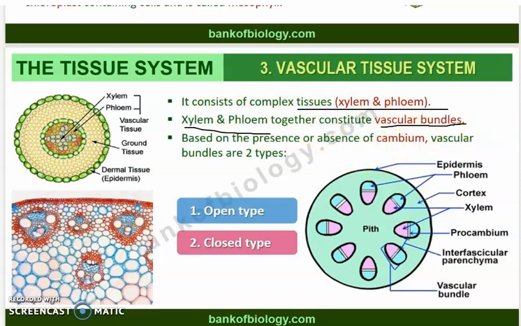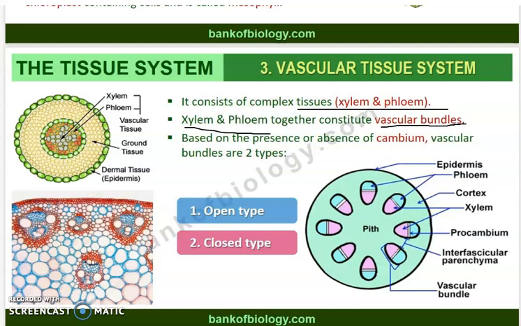Now let us see an important word which we have learnt in the earlier part of this chapter. When we were discussing the meristematic tissue, children, we told about the secondary or the lateral meristem. I hope you remember it, right? So apical meristem, intercalary meristem and the secondary or lateral meristem. And do you remember that these secondary meristems are formed in the later stages of the plant?